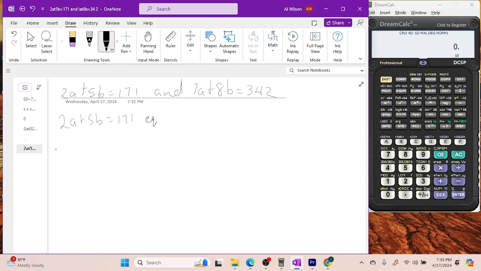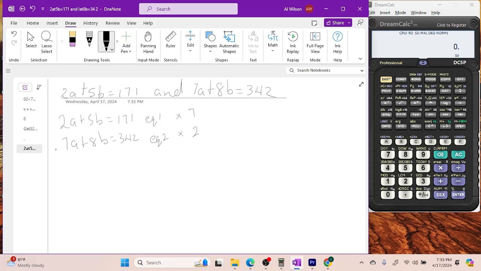And my equation 2 is 7a plus 8b is equal to 342. From this, the elimination method is the best method. For us to do this, we would need to multiply both of these. I believe we'll multiply the top by 7 and the bottom by 2. Doing this will allow us to cancel out a.